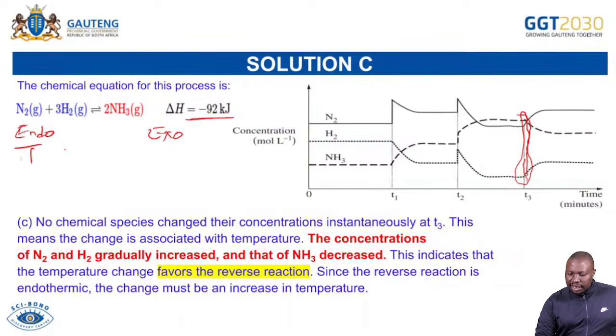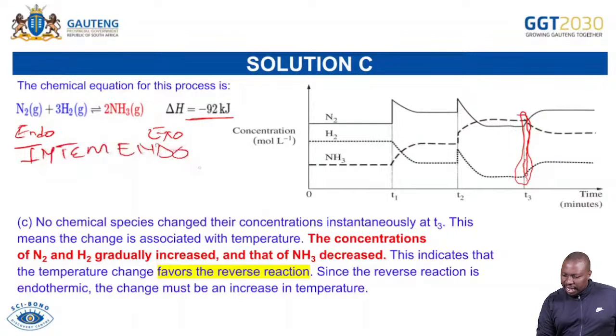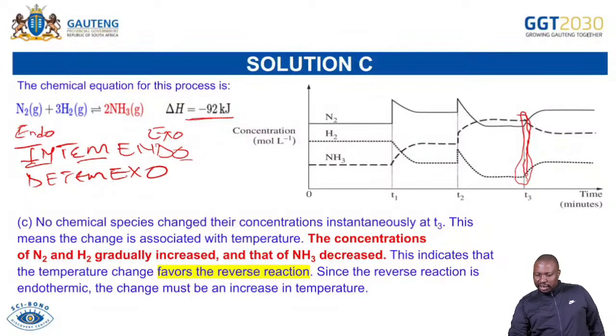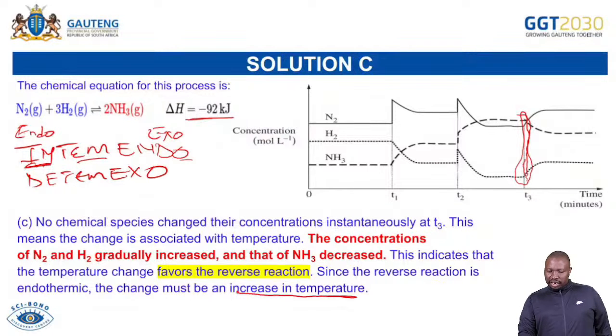Don't forget that: increase in temperature favors endothermic, decrease in temperature favors exothermic. So if we increase temperature, endothermic will be favored, which is the reverse reaction. We check which one is increasing: N2 is increasing and H2 is increasing, which means the endothermic reverse reaction is being favored, so we have increased temperature.